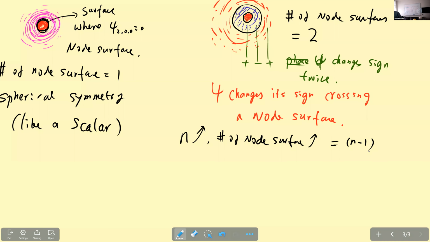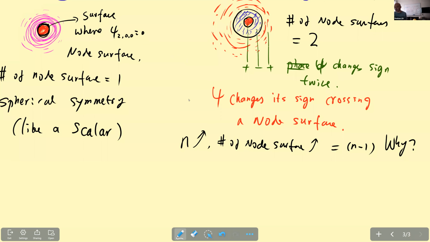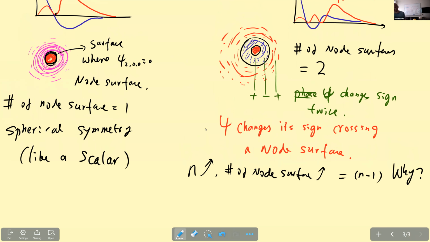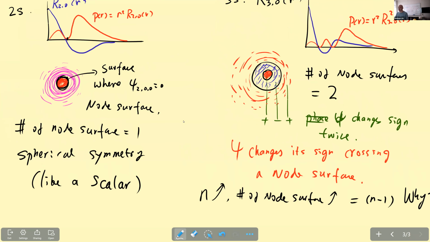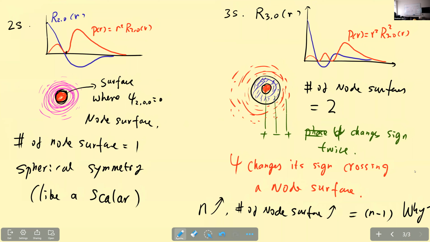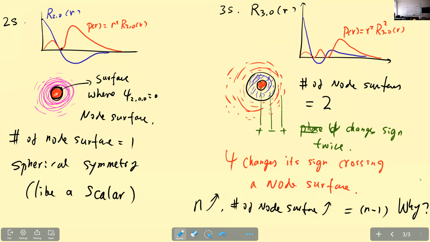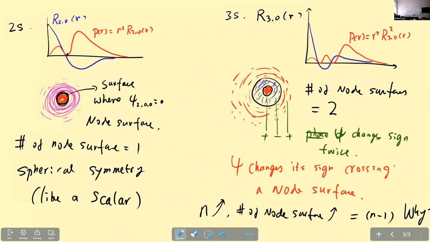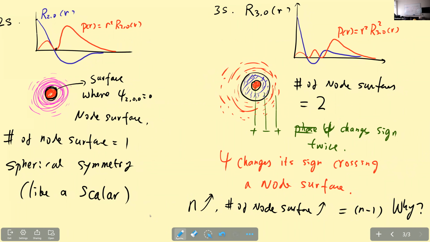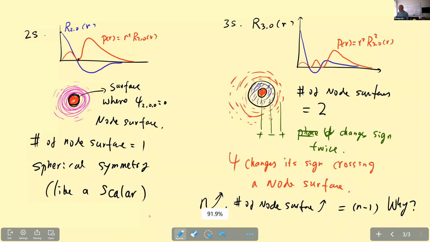So why? Okay. So I will not answer this question at this point. So let's examine more cases. Look at the p states and the d states furthermore, and then we can have more discussion on this kind of number of node surfaces. Okay. All right.